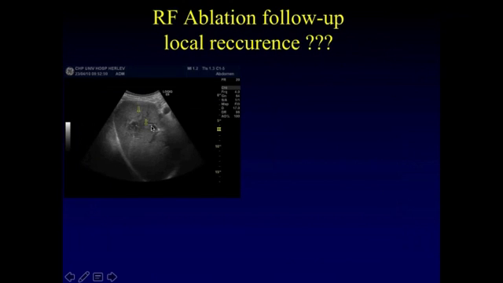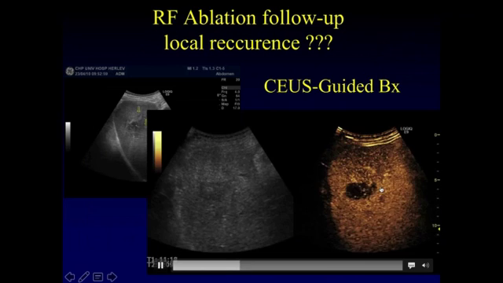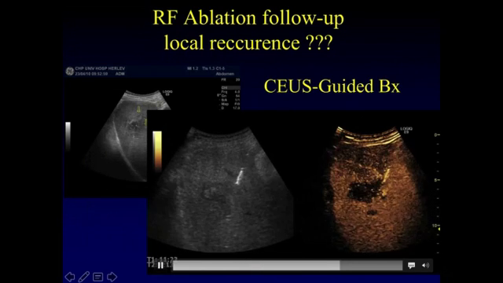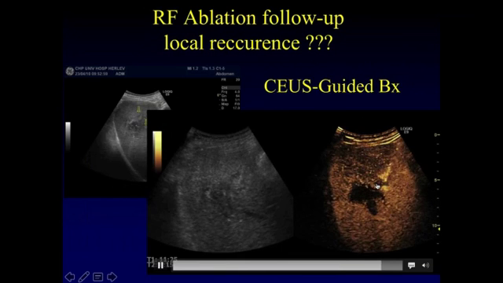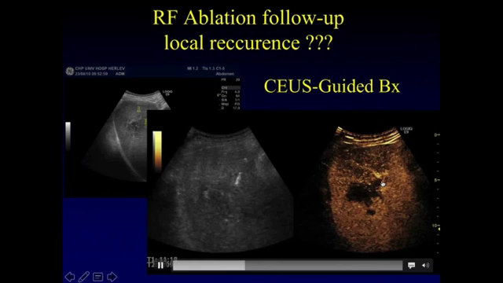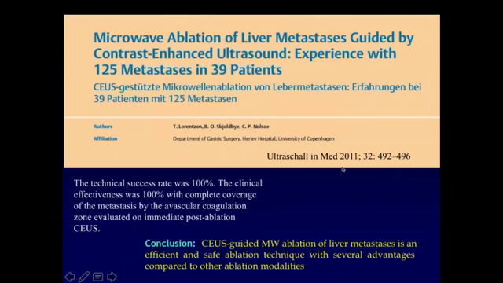If you see something like this, an irregular ablation cavity, and you can see there is also something taking up contrast, again you can use a real-time CEUS guided biopsy from the suspected areas, and we did, and this was local recurrence, and the patient was re-referred for another ablation. We have used this approach and published it for this material, 125 metastases. We had 100% technical success with this approach.